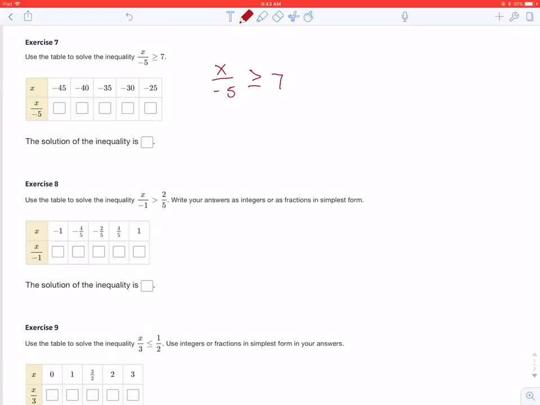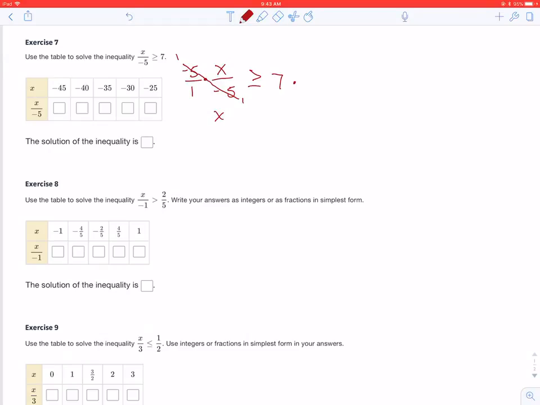So if this is a division problem, then that's my hint that what I'm going to need to use to solve it is multiplication. I'm going to need to multiply both sides by negative 5, because when we cross simplify, this negative 5 and this negative 5 are going to cancel out to become 1. And then essentially you're going to get x over 1, which is still just x.